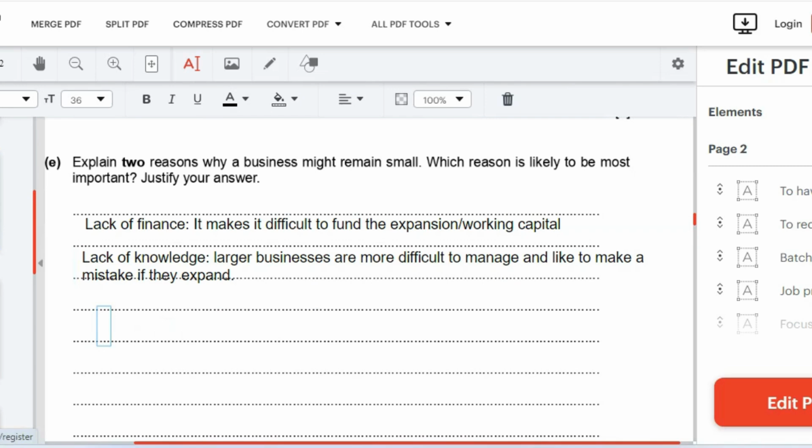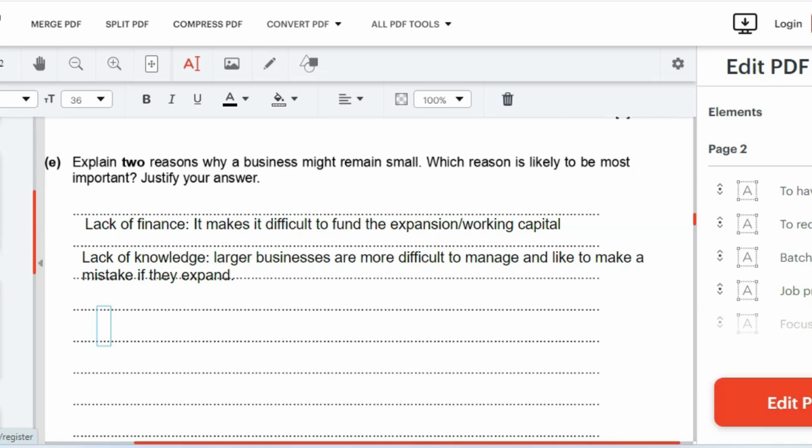As we listed above, we have the reason for expansion to be the lack of finance, and there is also the size of the market when considering why a business remains small.